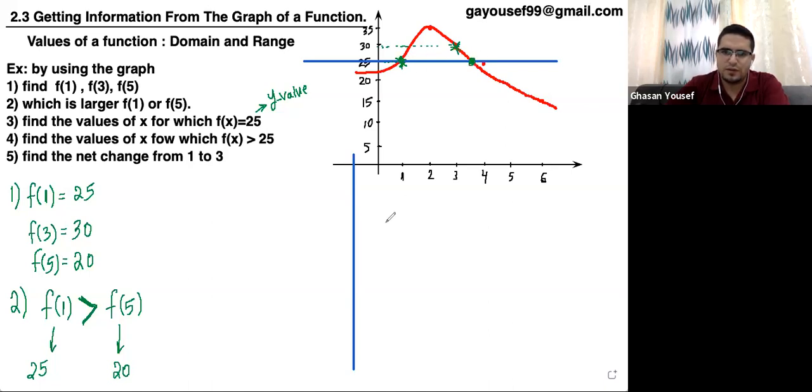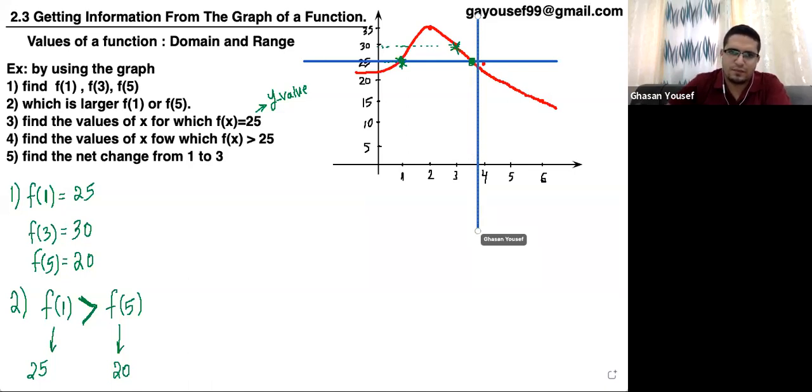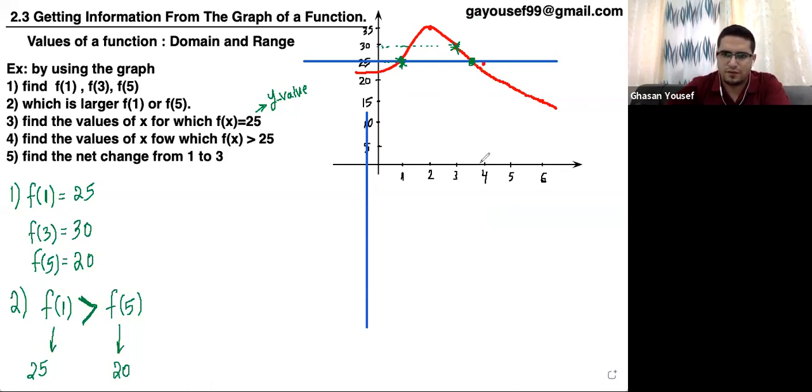At this first point, we look at the x-axis, and the value is 1. At this other point, if you look at the x-axis, it shows 4. My graph is not accurate, but the value here is 4.